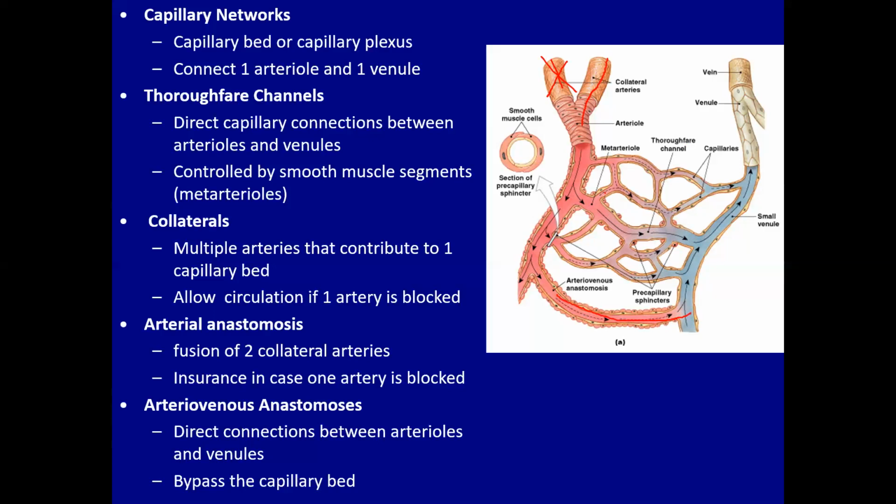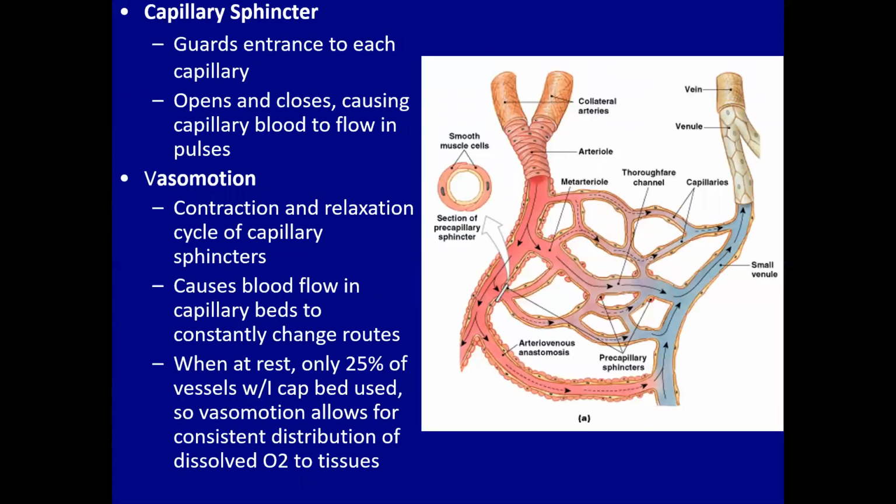here you can see a capillary sphincter is going to guard the entrance to each capillary. And these sphincters open and close, and they cause the blood to flow in pulses. So this is what I want you to notice with these dotted lines. These dotted lines are indicating that we're going to have vasomotion.